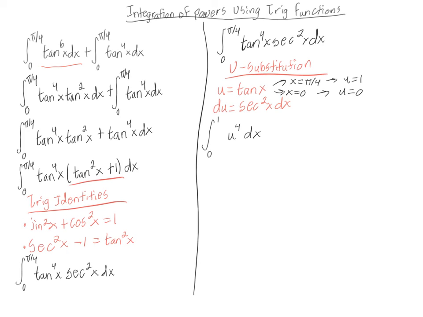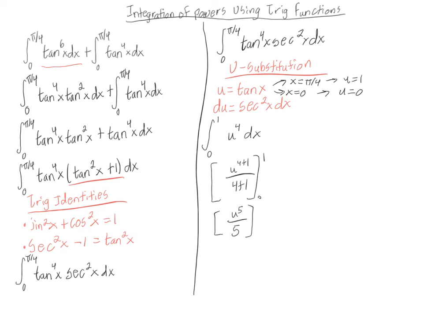You get u to the 4 plus 1 over 4 plus 1, and don't forget to put your limits. From there, that equals u to the 5th over 5.